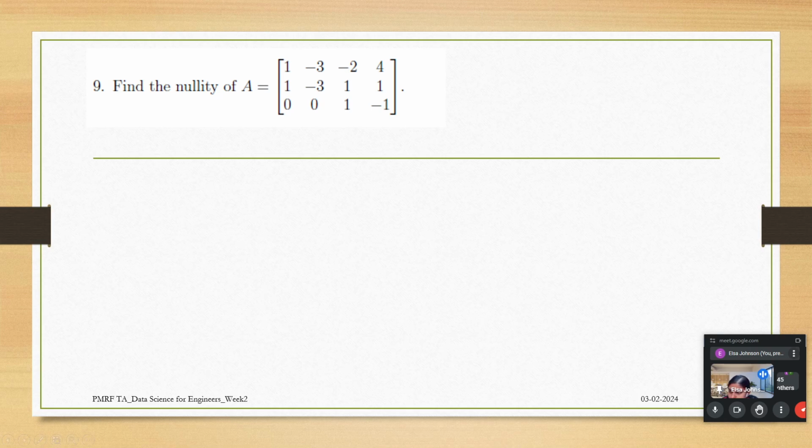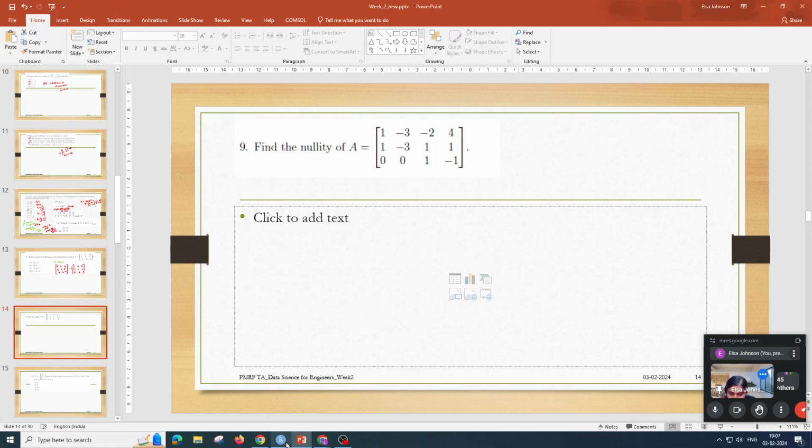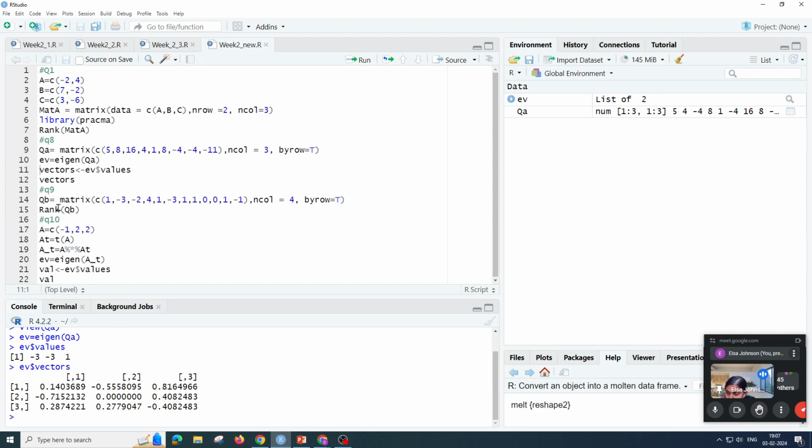Directly from this, some people are telling the nullity as 2. There are many methods to see that, so I have given that here also. I have written that matrix and found the rank. Some people are giving the answer as 1. Anyway, this is our matrix.